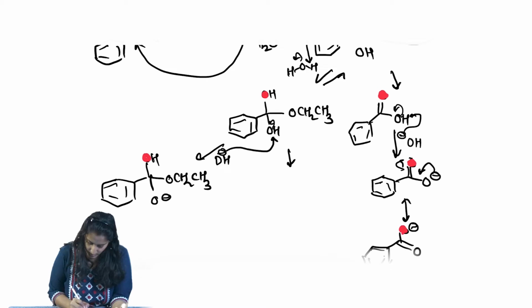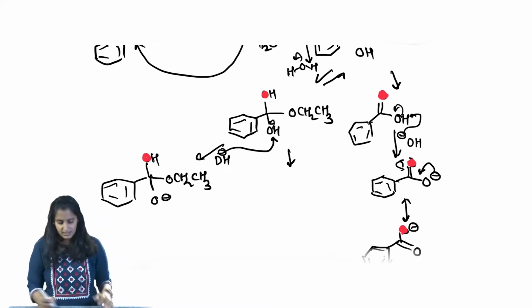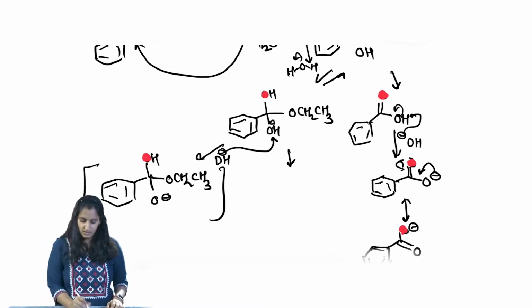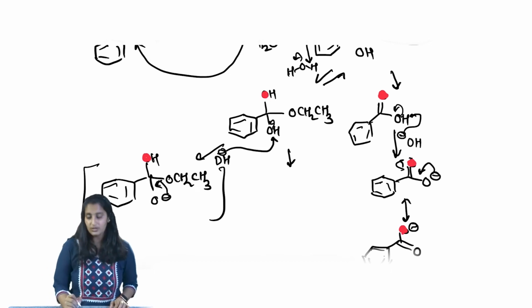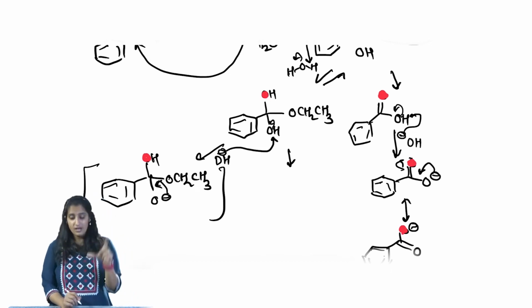Okay, so this is my tetrahedral intermediate, and when this tetrahedral intermediate collapses, it is going to kick out either the ethoxide or the hydroxide, wherein the O is O18 labeled.